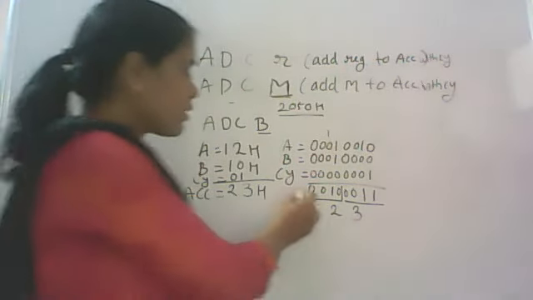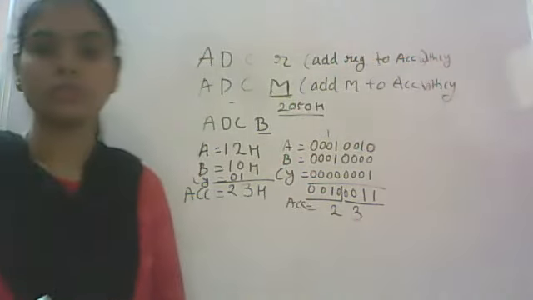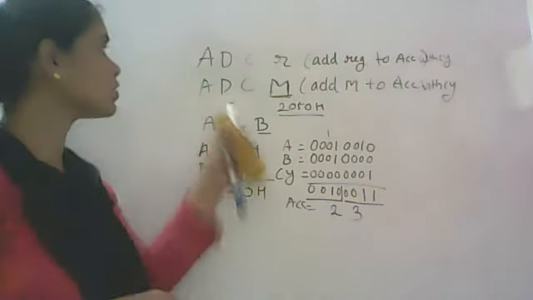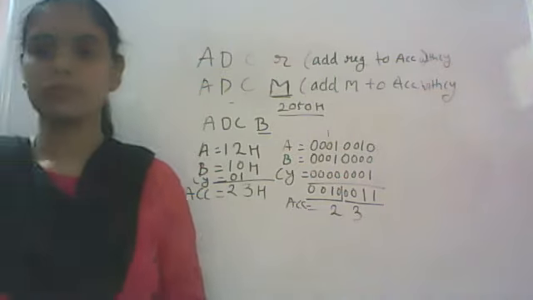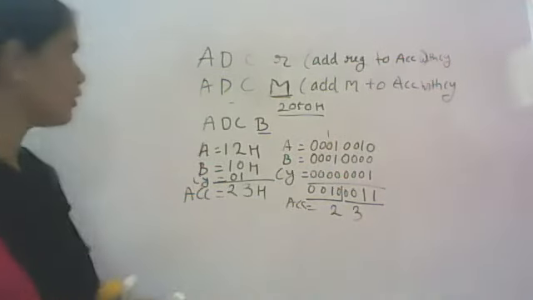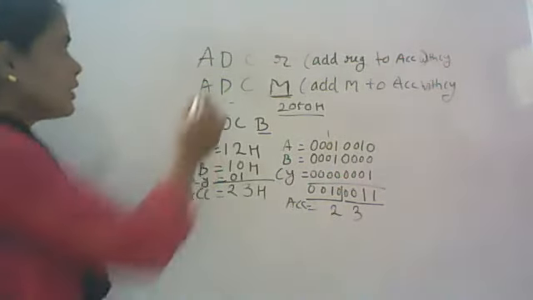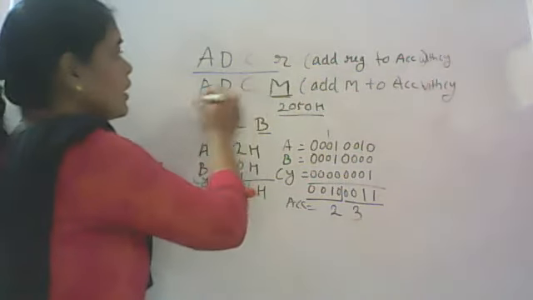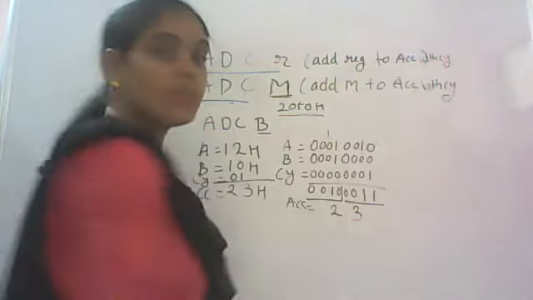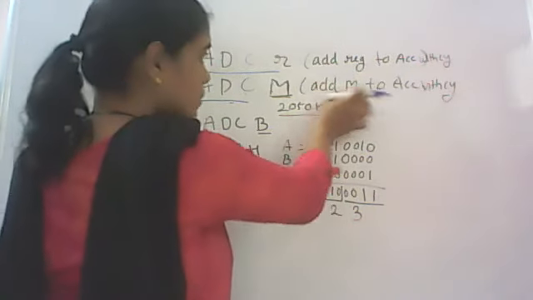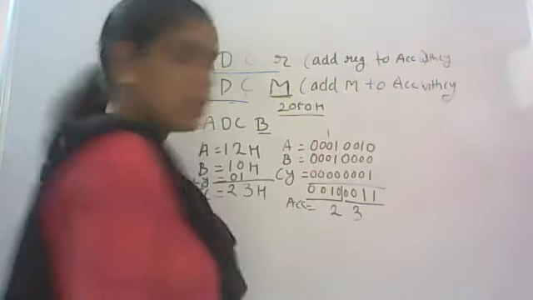Similarly, accumulator contains 23 hex using this same instruction. Okay, got it? Now we see the next instruction. I'm again repeating this instruction, ADC R. This instruction is add register to accumulator with carry and add memory to accumulator with carry.